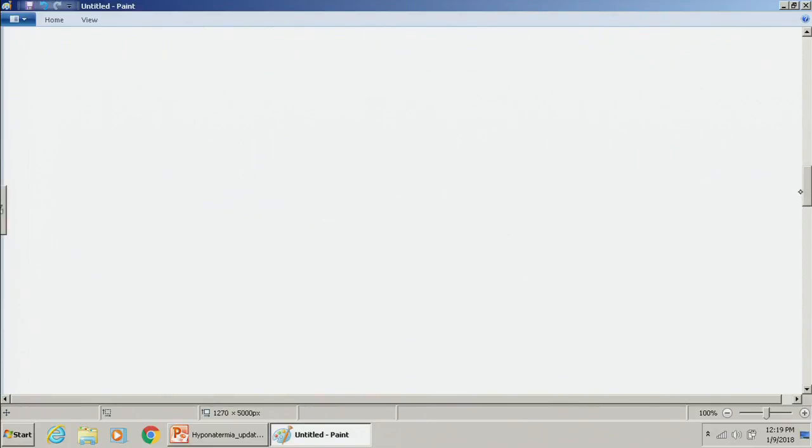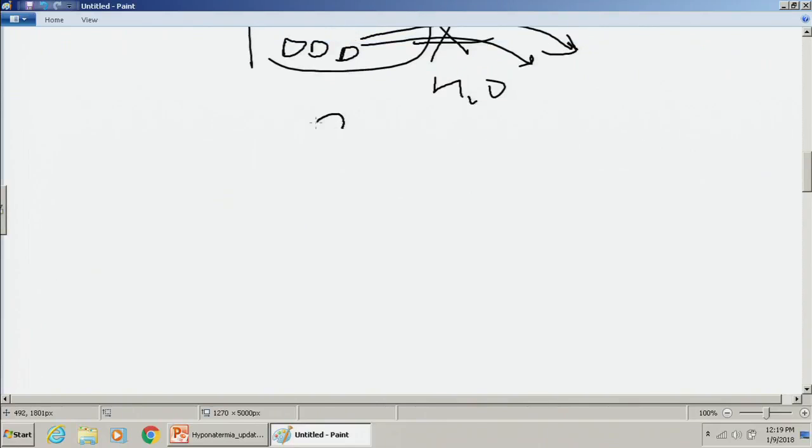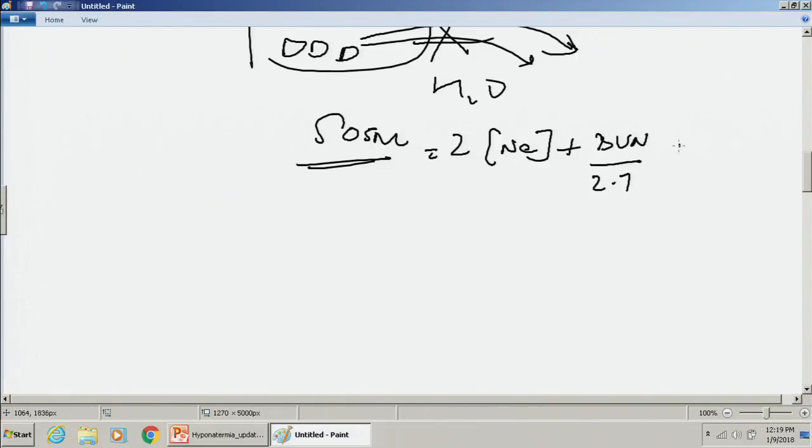So the second concept that I want to talk about with sodium is serum osmolarity. Okay? Normally, you don't have to memorize this, but just for understanding, the formula is 2 times the sodium concentration plus BUN divided by 2.7 plus glucose divided by 18.